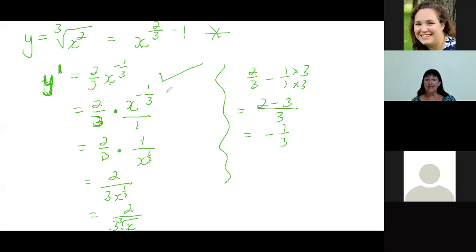Now, I've shown you the steps how to do it, but actually all you need to remember is that if I've got something like a half x, that x belongs with the 1 because it's over 1. So this belongs with the 2. If I then want to change that to a positive, I dive it under to the 3. So I look at that and I go, that's with the top, I'm going to dive it under. So it's 2 over 3x to the plus a third. And then I change x to the third to root form.